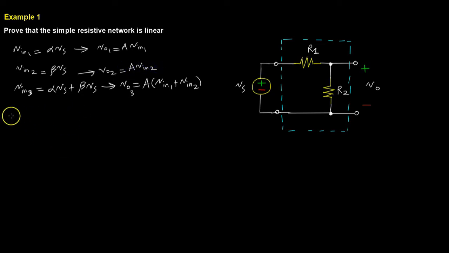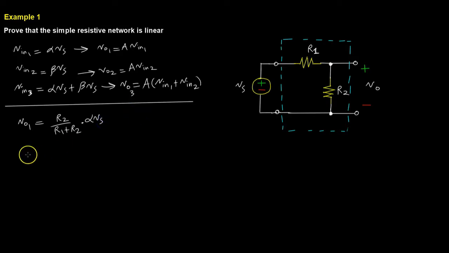Let's go ahead and actually apply it to this very simple system. In the first case, we can apply a voltage divider. It's very simple. Vout1 is equal to R2 over R1 plus R2 multiplied by the input, which is alpha Vs. And in the second case, we can apply a different voltage.